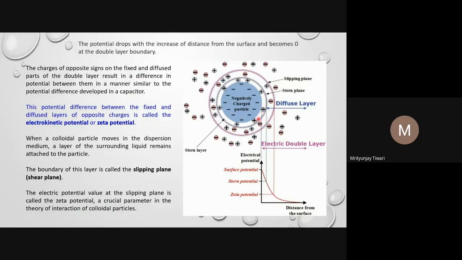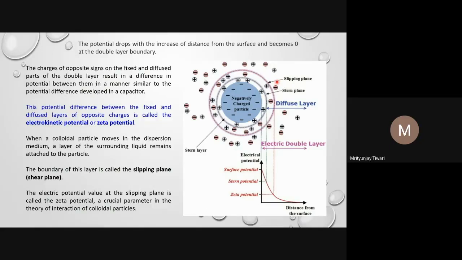The fixed layer usually contains negatively charged particles in higher concentration, so a net negative charge will be there on the fixed layer. In this example, where the colloidal particles are negatively charged, the diffuse layer will have a higher concentration of positively charged particles.